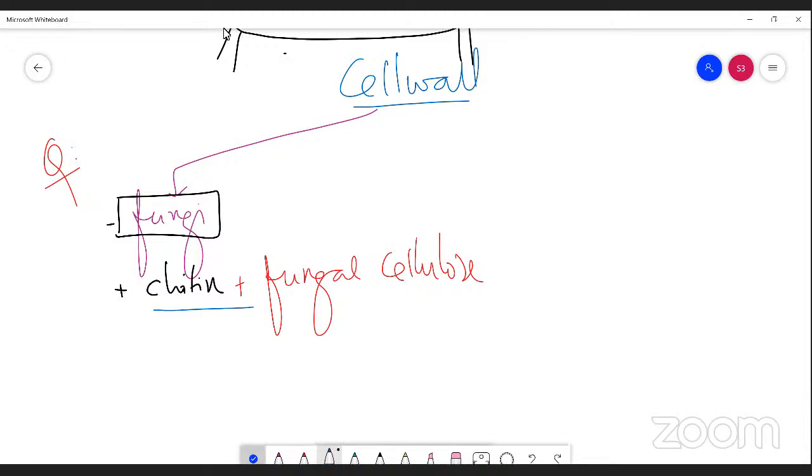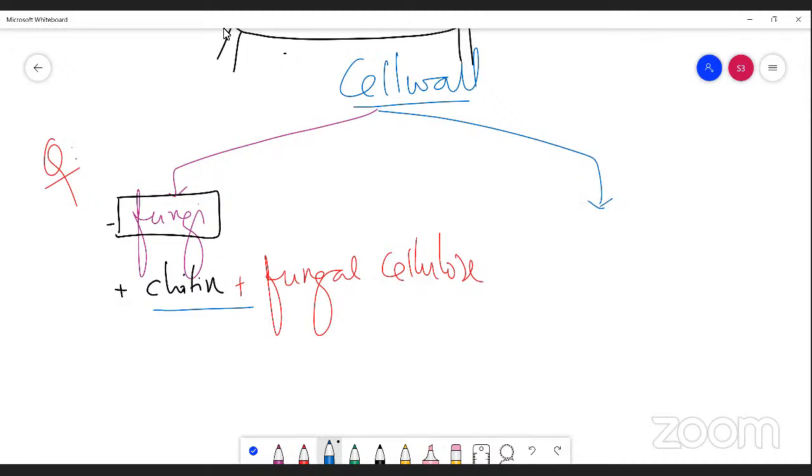Okay, talking about bacteria. In bacteria, cell wall is there. In bacteria, cell wall is made of peptidoglycan.